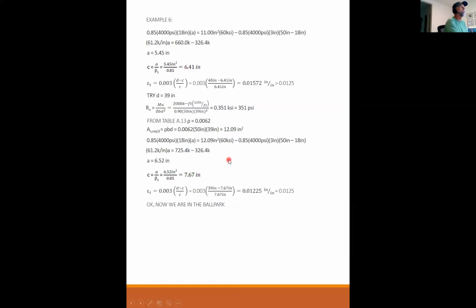You would have had more iterations before you honed in on that 39 inch that we just honed in on. We did 36, 38, 40, we did 4 iterations. The farther off you were in the very beginning, you just would have needed more iterations.